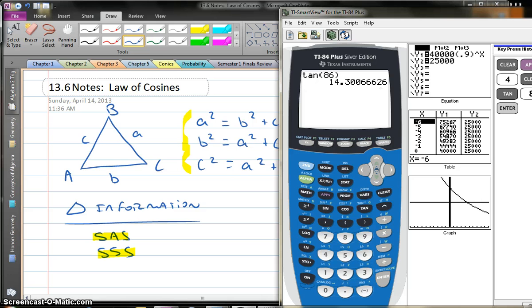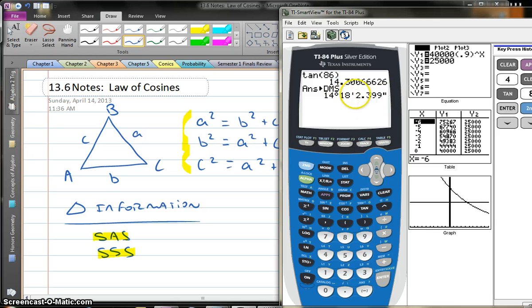So how we do it is you go second apps, so second to your angle menu, and then option number 4 is DMS. What that does is it converts your answer to degrees, minutes, and seconds. So 14.3 is 14 degrees, 18 minutes, and 2.399 seconds.